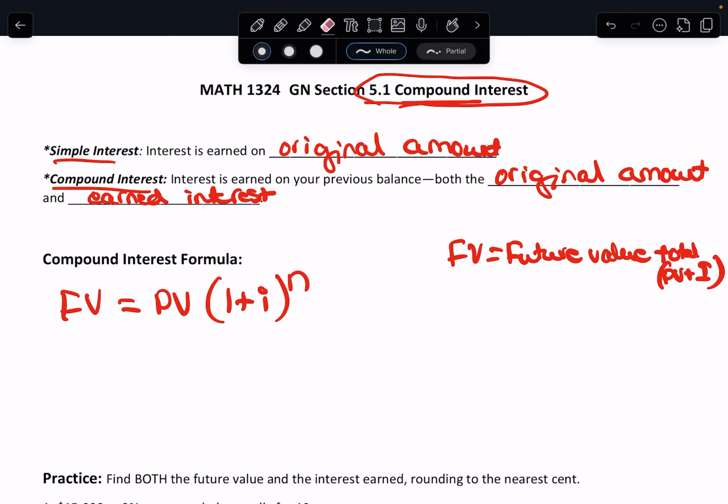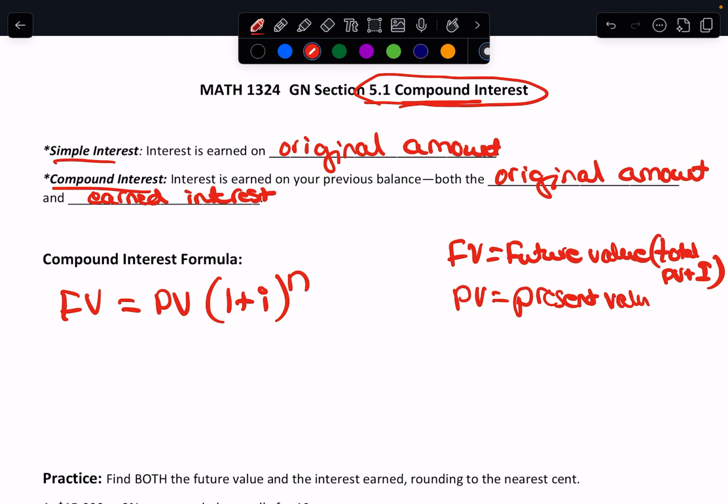Actually, it should be here where the parentheses are. And then PV is the present value, same thing as you might see principal. And then i is the interest rate per period.